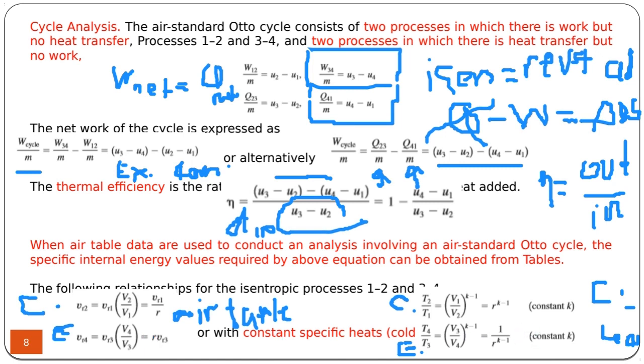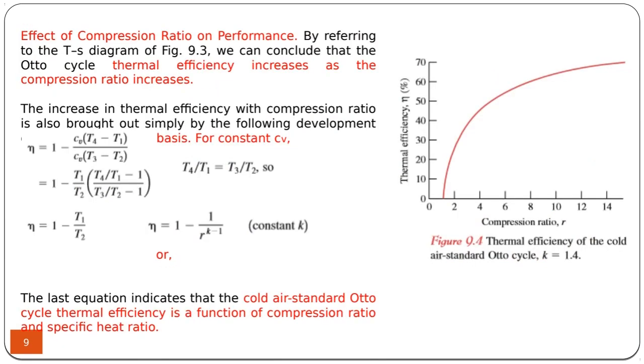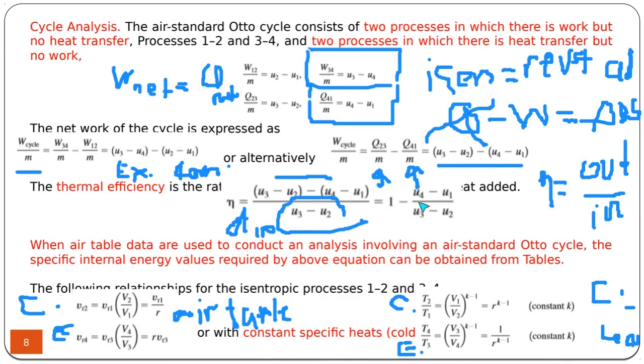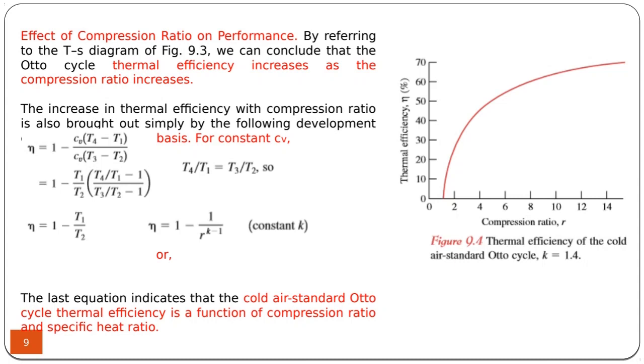So for cold air standard, if you replace the internal energies by CV times T, because internal energy can be written as CV times T if CV is constant, then the efficiency will be just 1 minus T1 over T2, or 1 minus 1 over R to the K minus 1.